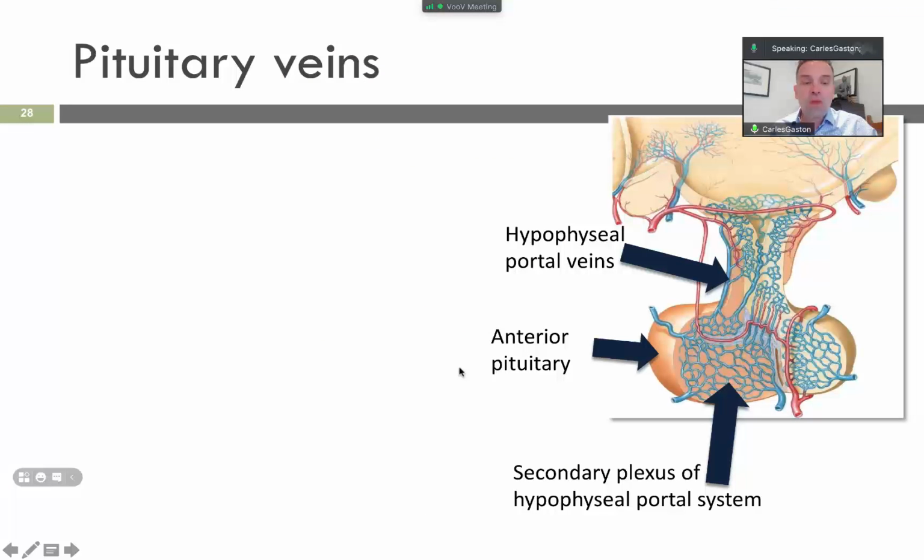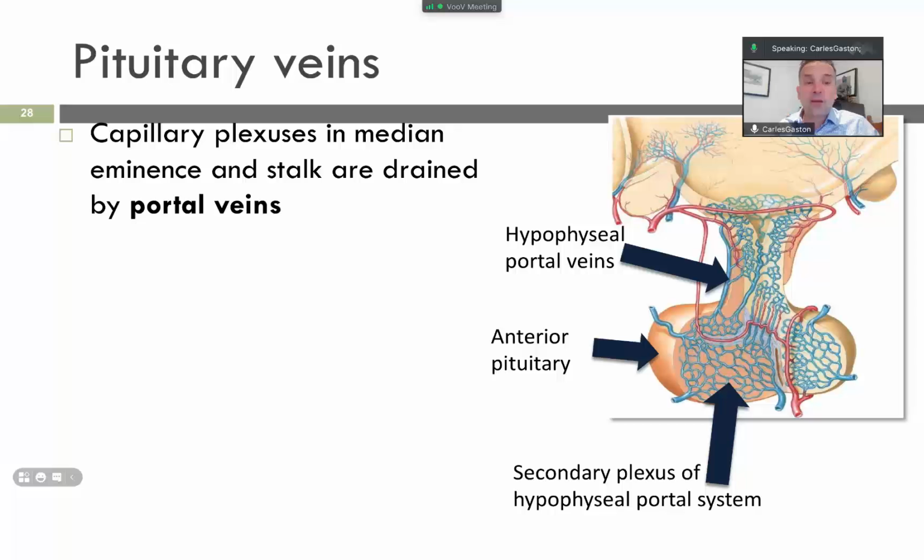So let's go over the pituitary veins again. Obviously, if the importance of the organ is to supply hormones to target organs, these hormones need to be circulating in the mainstream and released into a system of veins. So there are two capillary plexuses, as I've said. One is the superior hypophyseal portal vein, which connects the hypothalamus with the anterior pituitary.